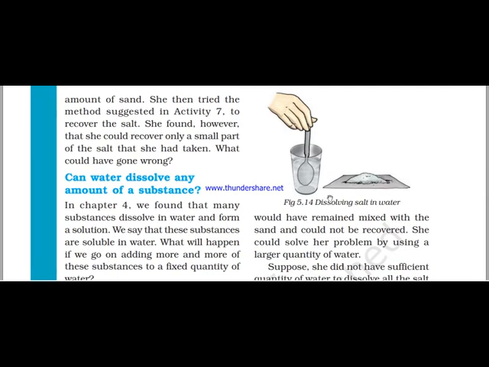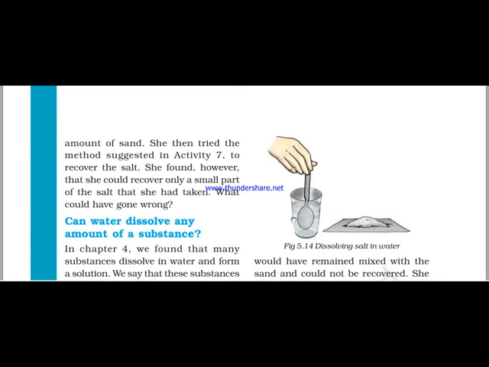But when we add the 4th spoon of salt, the salt will not get dissolved. It will remain undissolved at the bottom of the container. So students, whenever a liquid stops dissolving more solute in it, we call that solution a saturated solution.